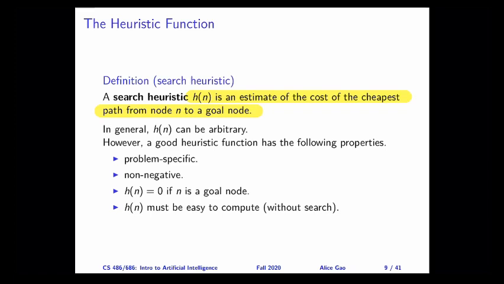There could be multiple paths from the current state to a goal state, but we only care about estimating the cost of the best or the cheapest one. We don't care about the more expensive ones.